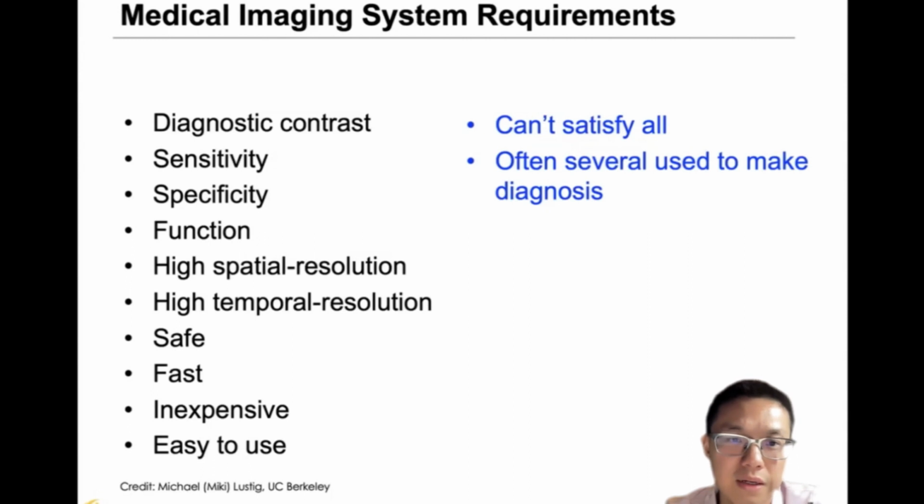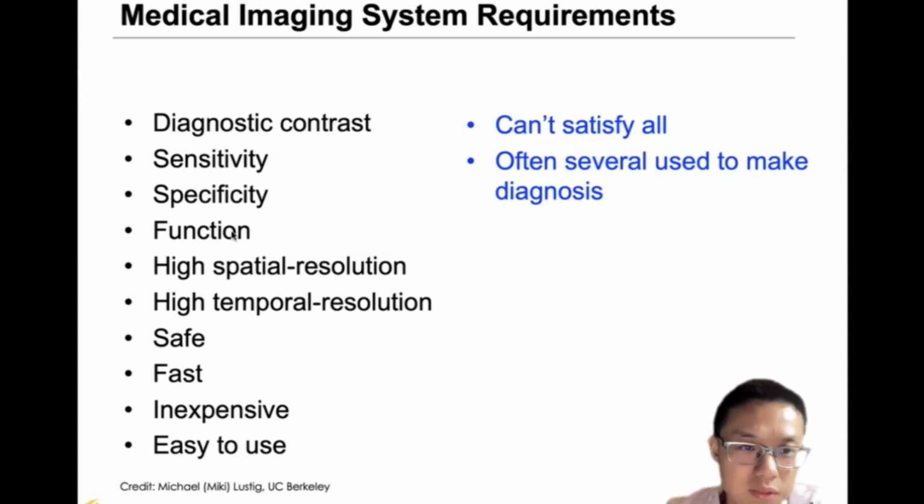You're able to identify different tissues, organs, etc. It also has to be sensitive, so you're able to detect or show some of the disease on these images, so that you can do some diagnosis. And it also has to have some specificity. You're not just showing some disease, but the doctor is able to tell, based on some of the characteristics, what type of disease that is.